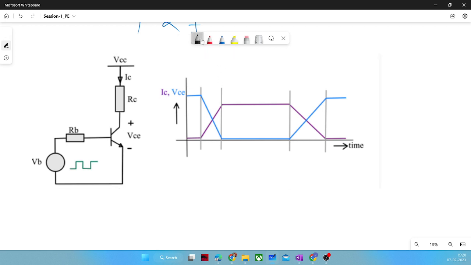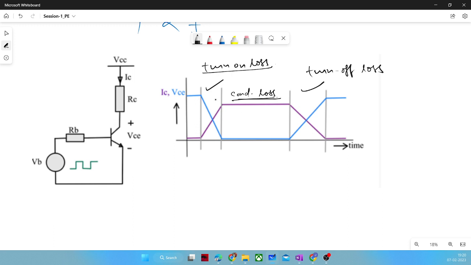Here, I hope you will not find any trouble in computing turn on transition and turn off. This is turn on transition. This is turn off transition switching loss. Since I discussed these two concepts, the remaining thing is this conduction loss.